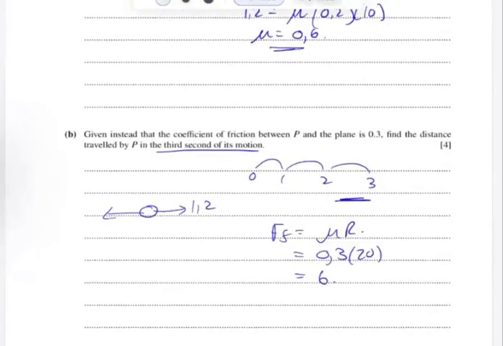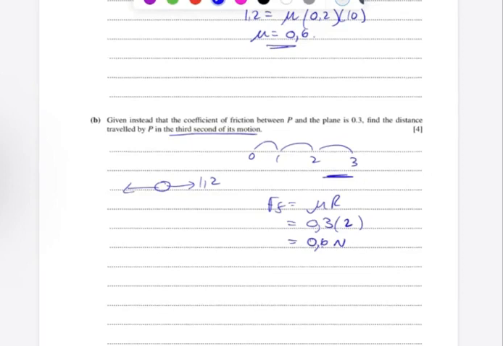Our frictional force is 2. Okay, if it was 20, you would see this particle would be going backwards, which doesn't make any sense. 0.3 times 2, because frictional force only resists a force. It's not pulling it. Okay, anyway, 0.6.